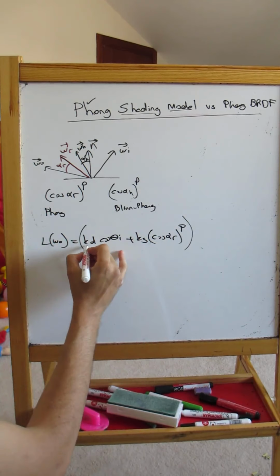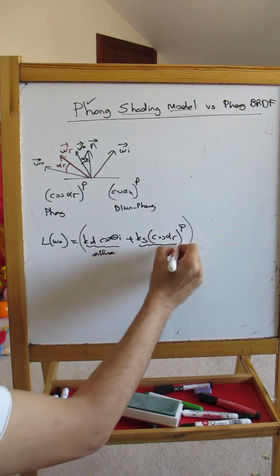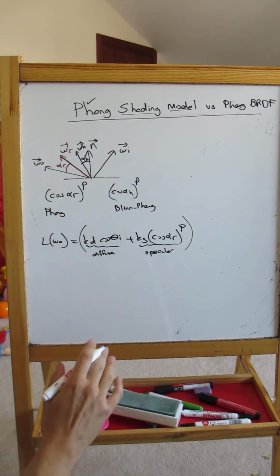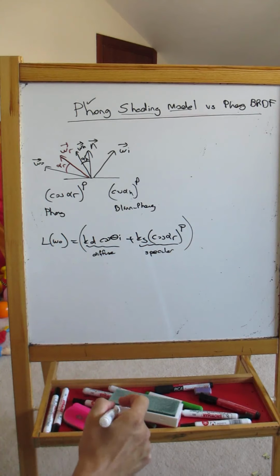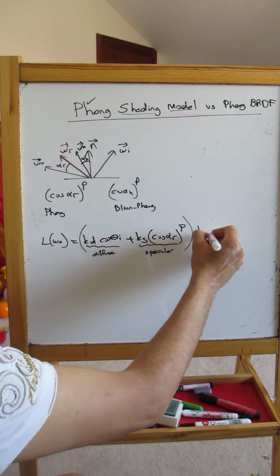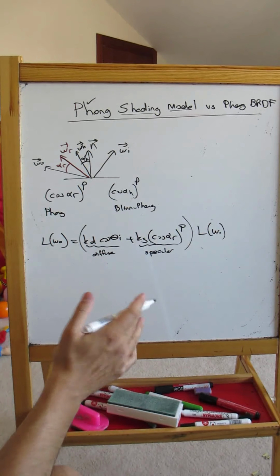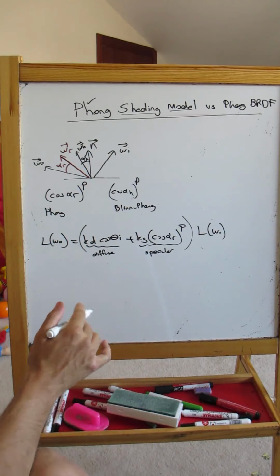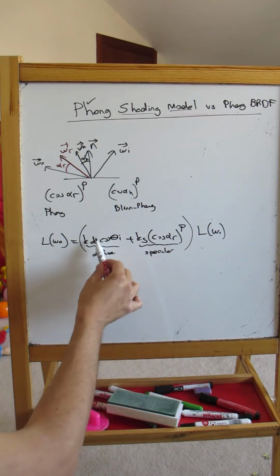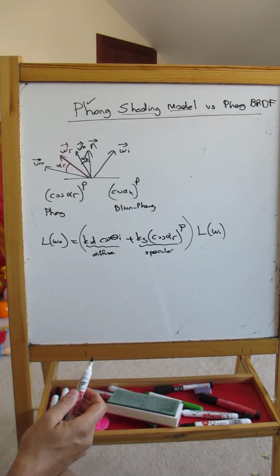This was the diffuse component and this is the specular. I'm not including the ambient term here. So diffuse plus specular, and we multiply this with the incoming radiance L(wI). Maybe we were doing this separately. You could be computing the diffuse first and then adding the specular to it, but the net effect is this.